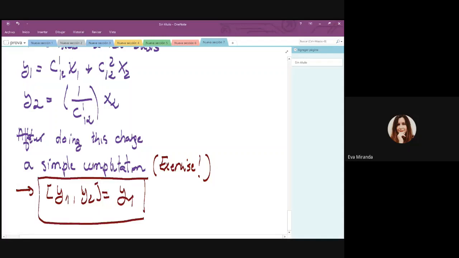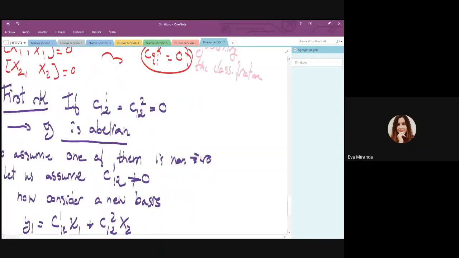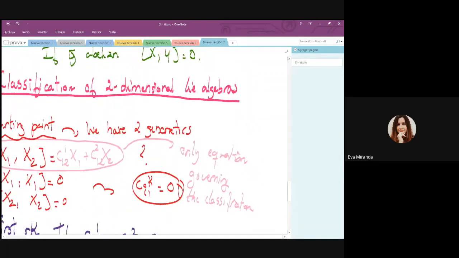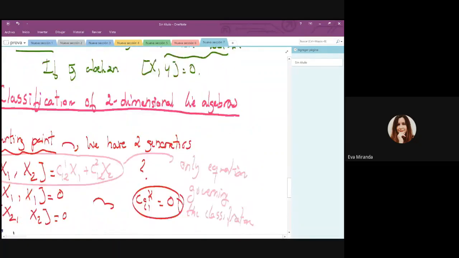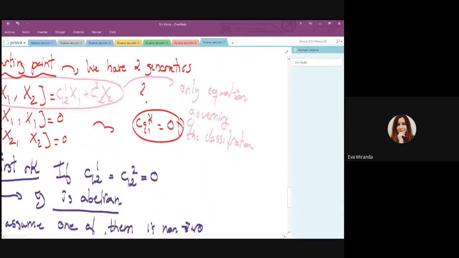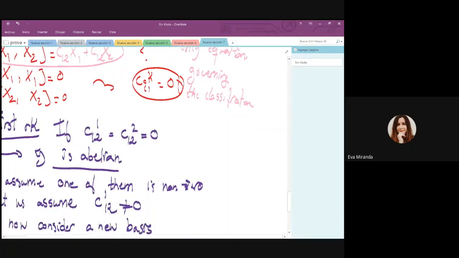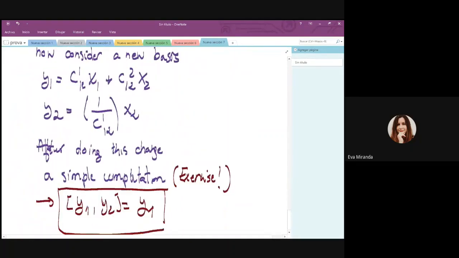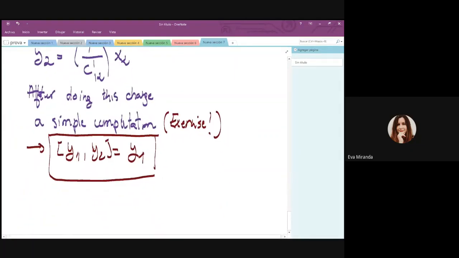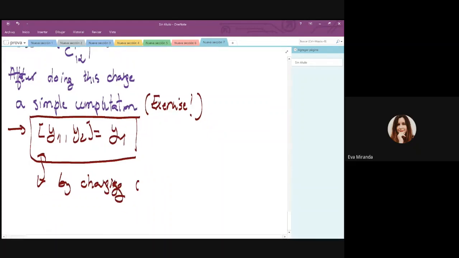If we compare to the choice we took here, x and y give me y, but you may change the order of x and y, and you get exactly that this is the same case by changing coordinates. That's the same algebra.